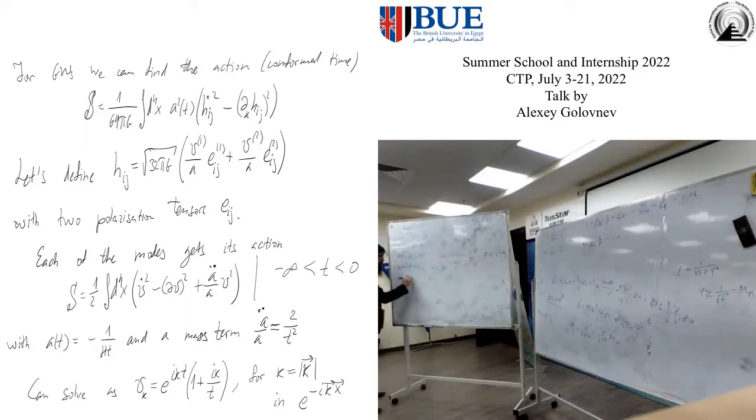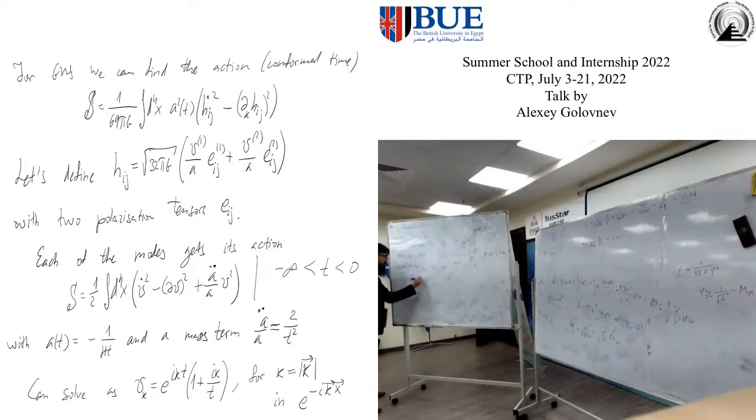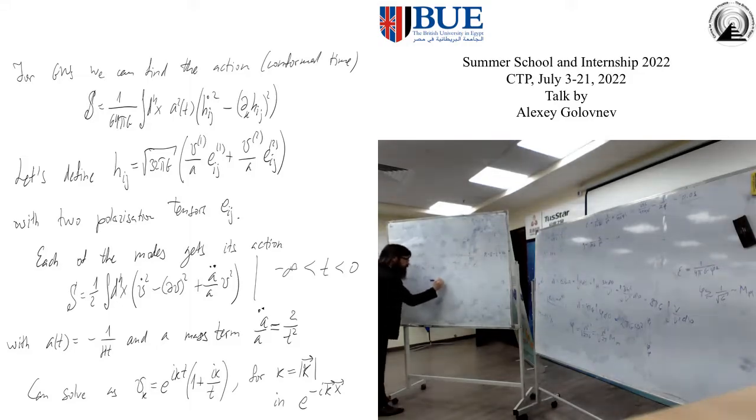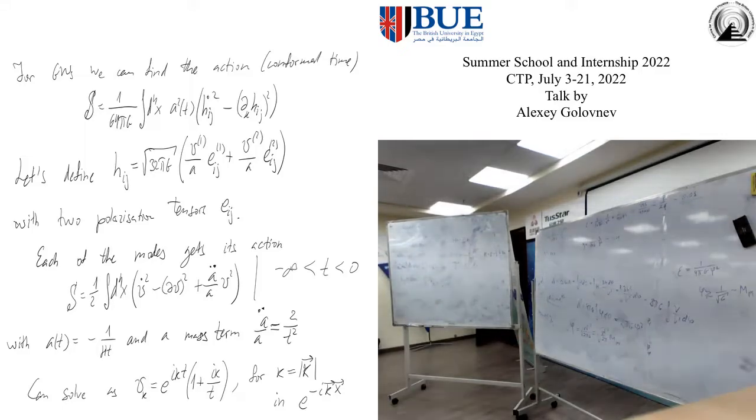So in principle I can take the square root of 32 pi G, and then I can put here the first mode over a, and then the polarization tensor, and then the second mode over a, and then another polarization tensor. Just 2 different polarizations. What I do here, I change the prefactor so that I have the canonically normalized kinetic term with 1/2, and I'm absorbing this a by this guy here.